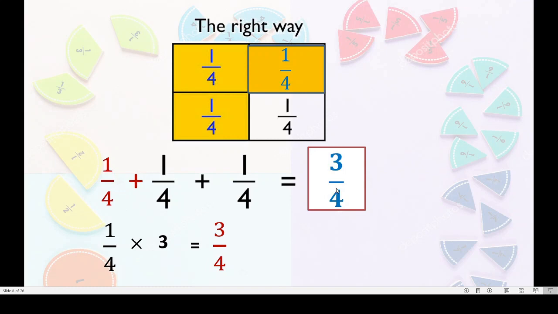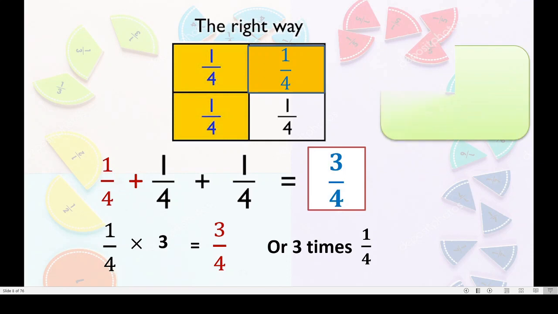See, check the answer. 3 upon 4. Here also we got 3 upon 4. Okay? Or we can write 3 times 1 upon 4. Yes, we multiplied 3 times 1 upon 4. Yes, like this sum we did in multiplication, or in the first term about addition also.